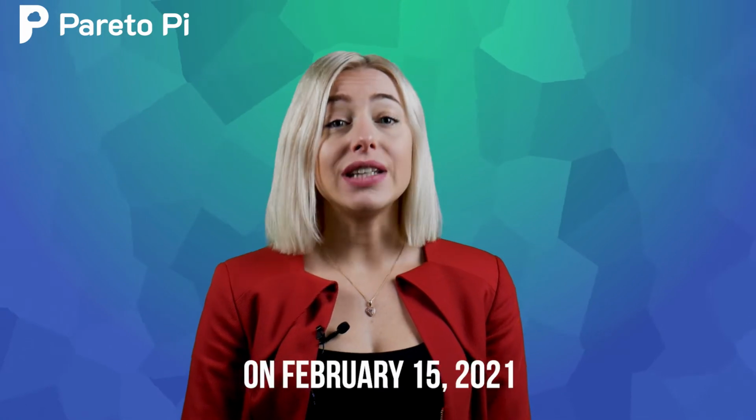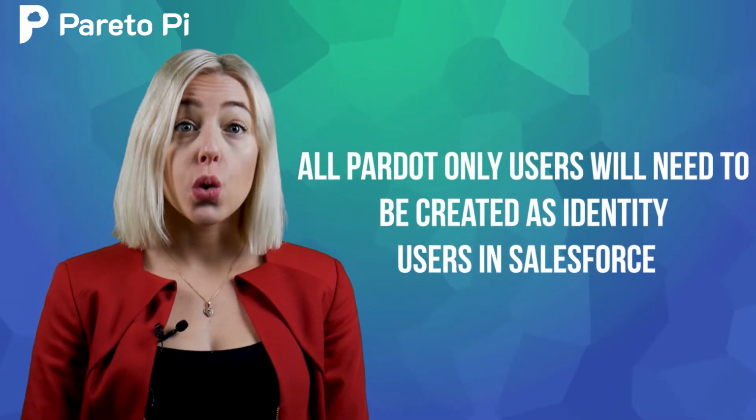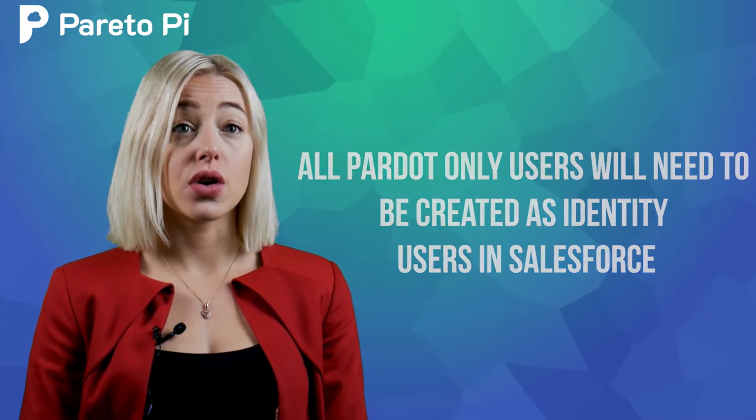On February 15, 2021, Pardot stopped supporting direct login using Pardot credentials and now requires that all users accessing Pardot do so via single sign-on using Salesforce credentials. This means that all Pardot-only users will need to be created as identity users in Salesforce and then, through the Pardot settings, connected to a Salesforce user.